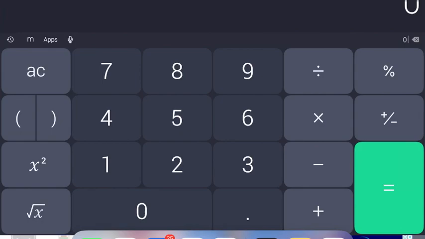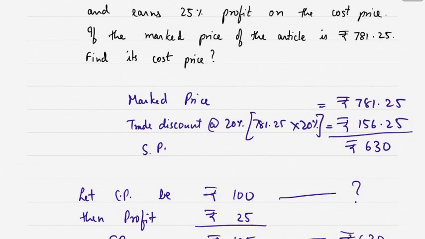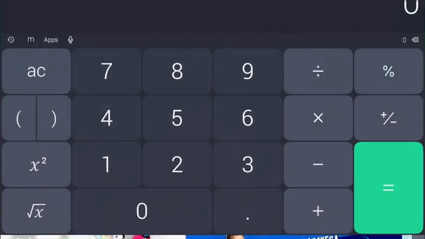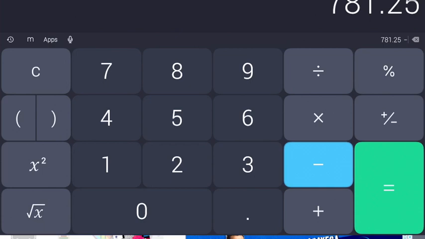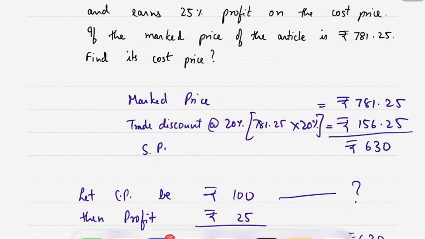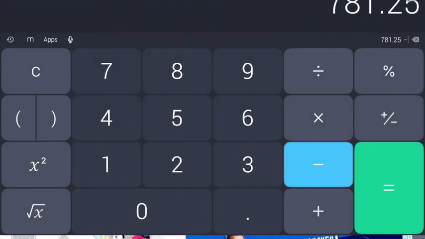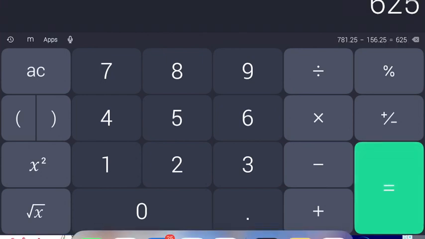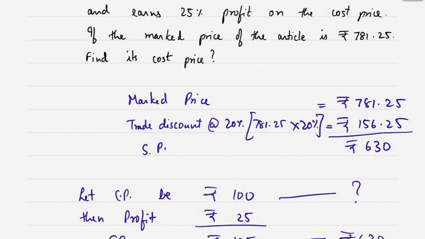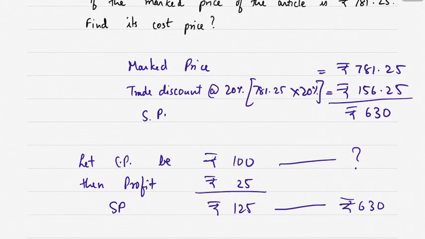I did not type properly. 781 it is, not 786. 781.25 minus 156.25 comes to 625. Please make the corrections.